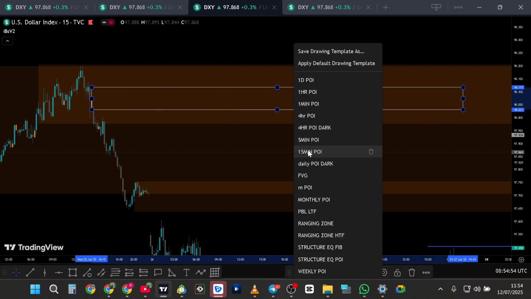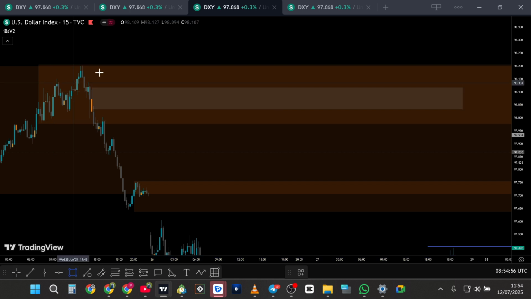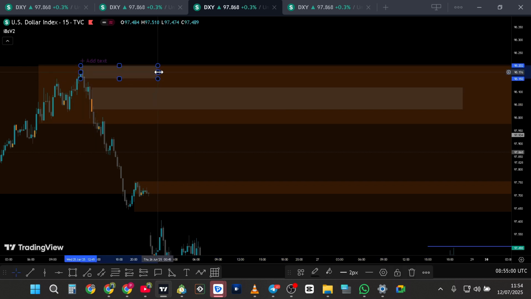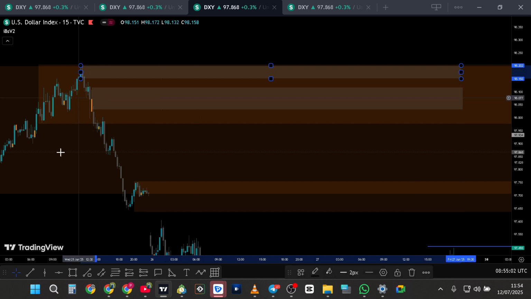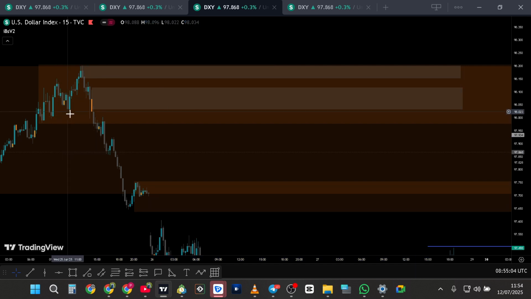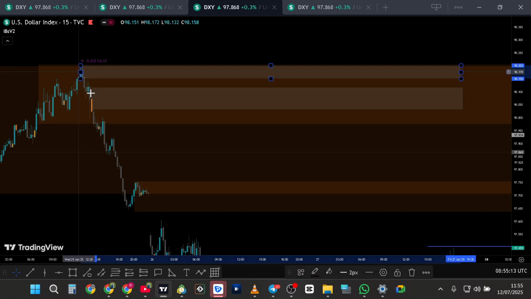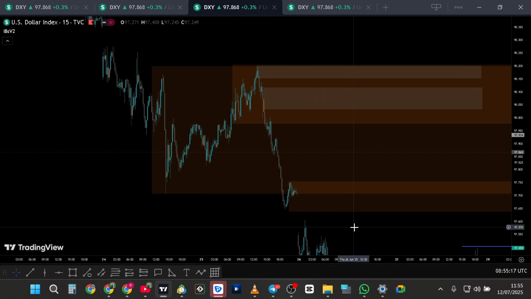So let's just mark that real quick, and also this one. Okay, also that one. And why are we marking them? Because we have a low here that was broken, and that signaled that there was a change of character, but price never pulled back to any of those supplies after the change of character. So maybe they are reacting to them now.